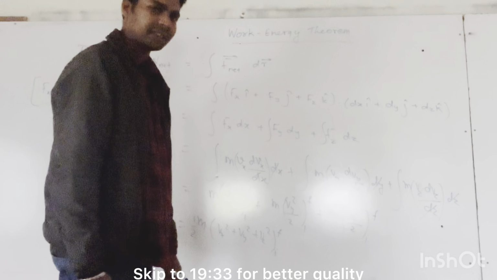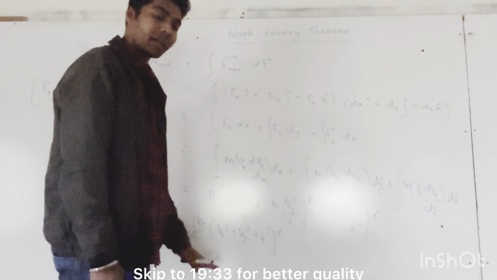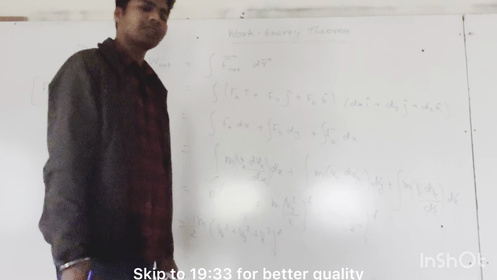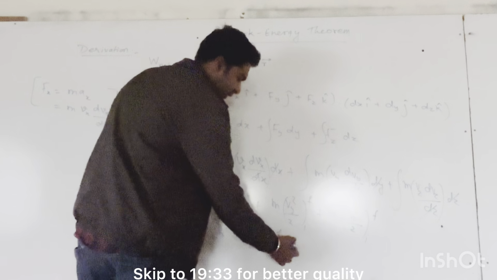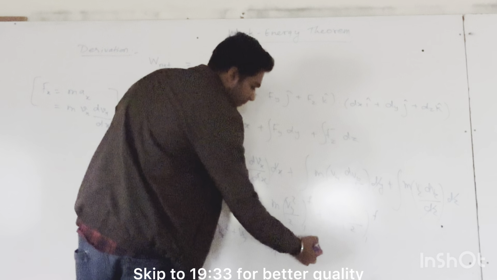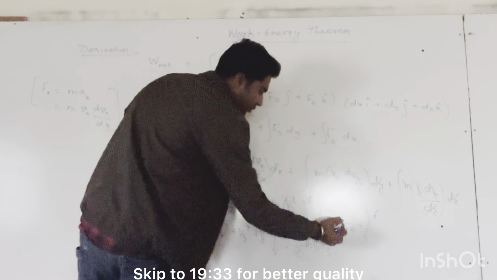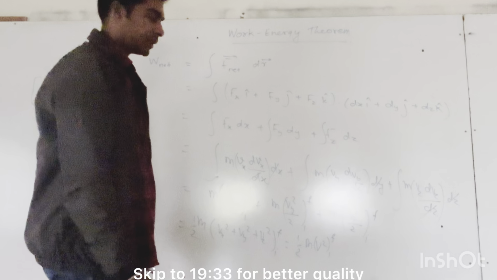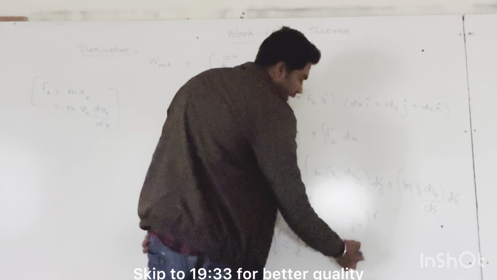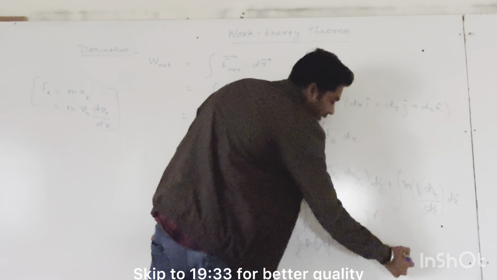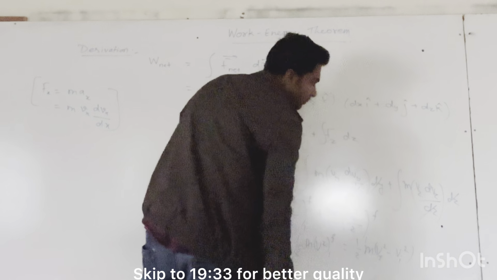We call it instantaneous velocity, or magnitude of instantaneous velocity, or magnitude of instantaneous speed. Both are same. So we can write it as half m v square from initial to final, or we can further write it as half m, v final square minus v initial square.